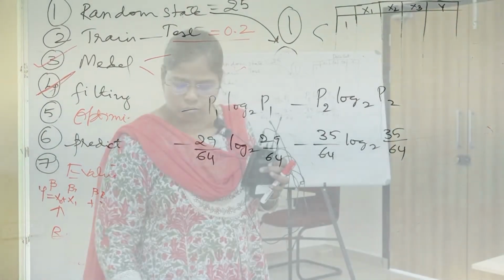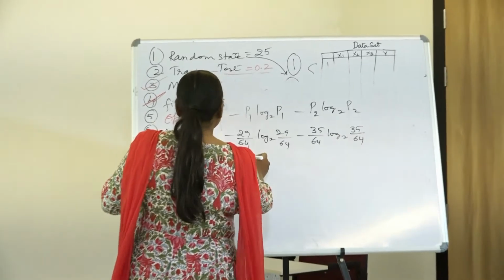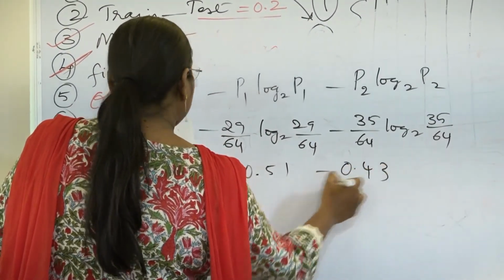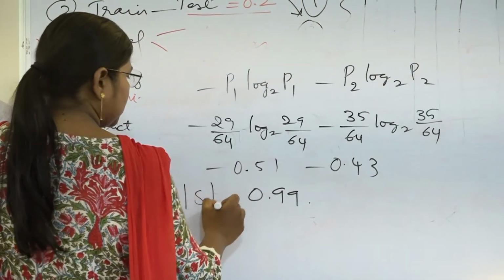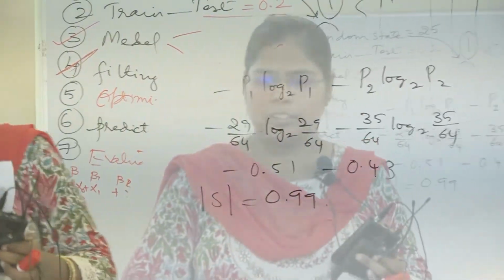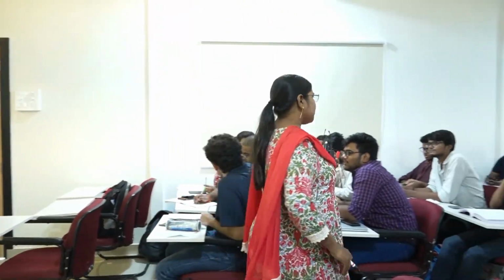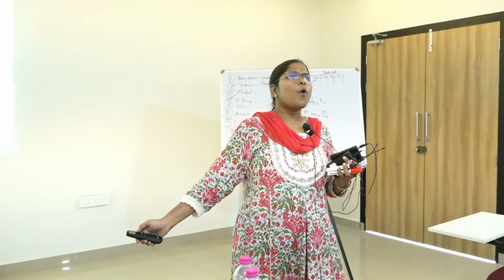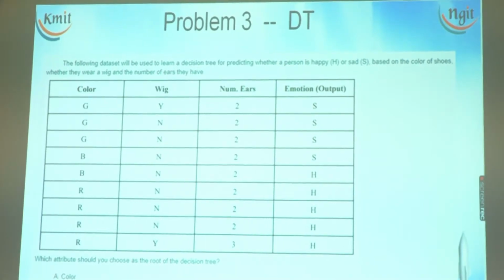So what are the values? 0.51 minus 0.43, it's around 0.99. Normally we say entropy of S is how much? 0.99. Okay. How much did you get? 0.99.